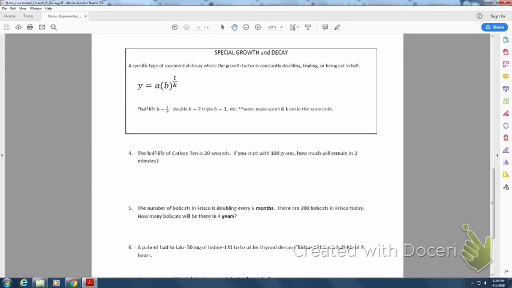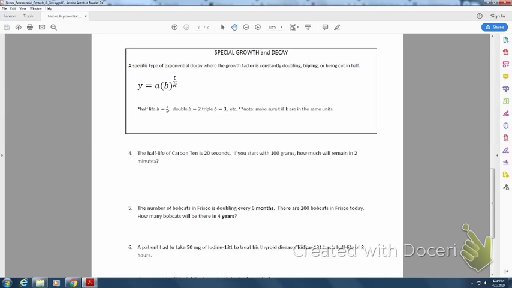Okay, looking at the back. So on this, we're going to look at special situations. Most specifically, the one we'll look at the most is something called half-life, and we'll get into that. So a specific type of exponential decay where the growth factor is constantly doubling, tripling, or being cut in half. You can use this, and this is kind of the generic form there.